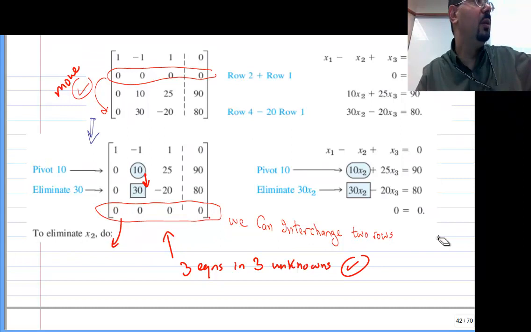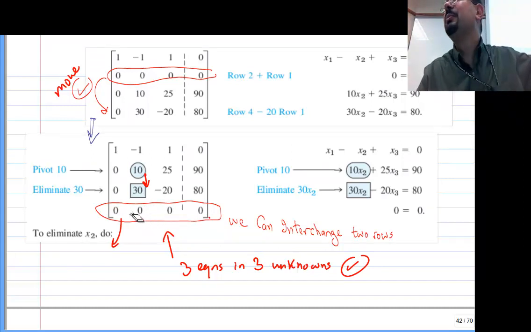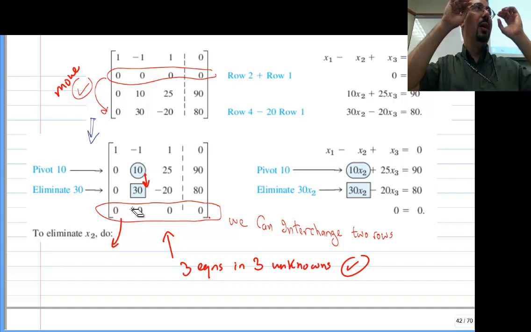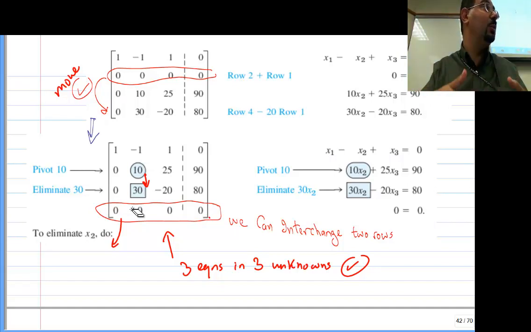What happens if you get 2 rows, not just one? I mean, the same system. Someone hands you 4 equations in 3 unknowns. You get one row equal to zeros. Fine, perfect. We got rid of one of them. But then in the Gauss elimination, you also get another line of zeros. So now 2 rows of zeros. So now what is the case? This is actually then 2 equations, 3 unknowns.